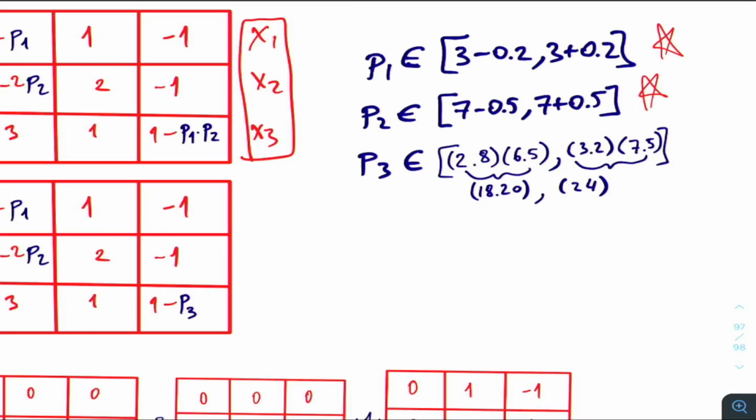Okay, and again we need to determine the range of that parameter. Here this is 2.8 and this is 6.5, and the P3 minimum value is this, here 18.2. And here the maximum value is 3.2 and the maximum value is 7.5, and we just find the P3 maximum value is 24.